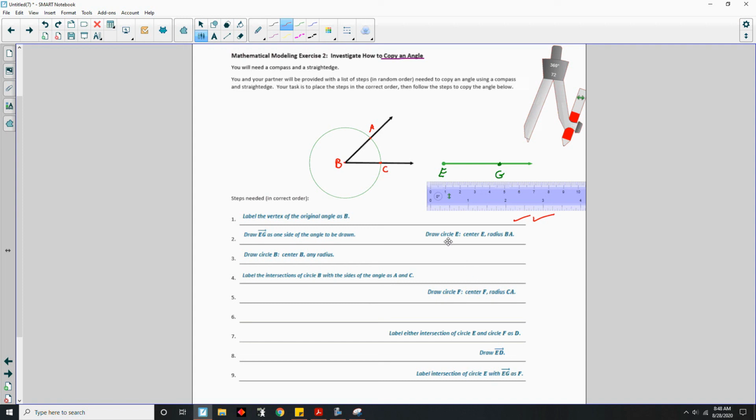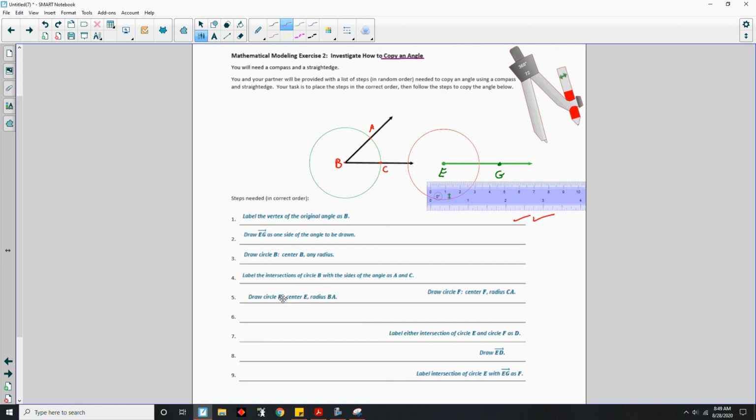Okay, now it says draw circle E, center E, radius BA. So in other words, I want to draw a circle radius BA. In other words, copy the circle, so I don't want to move my compass. Bring it over here, centered at E, and draw a circle of radius AB, which is what I just did.